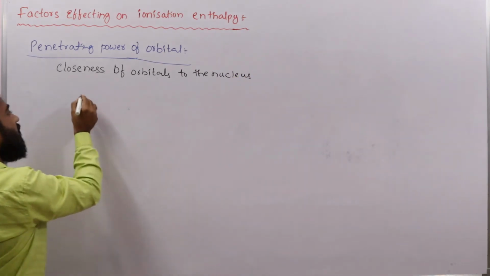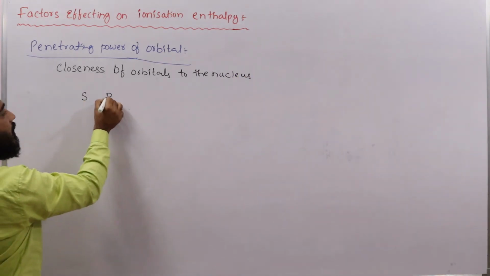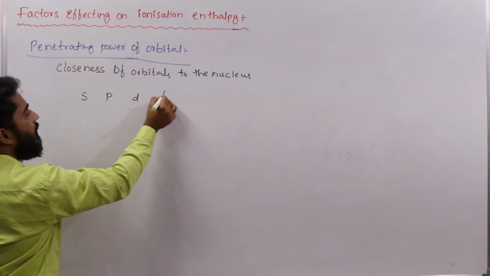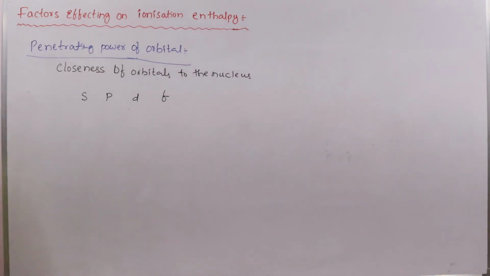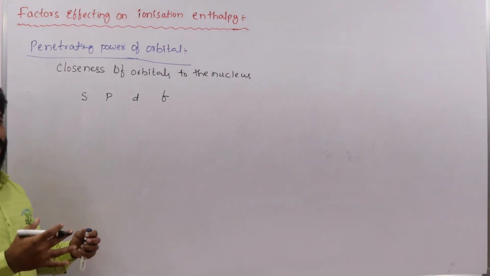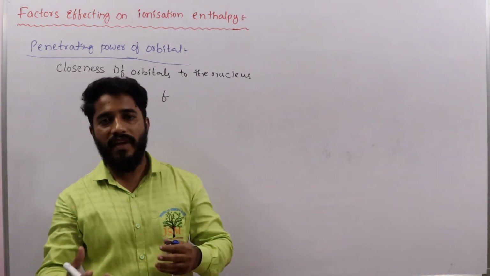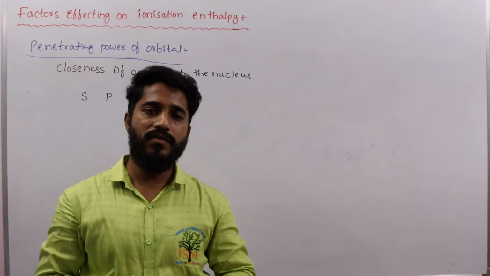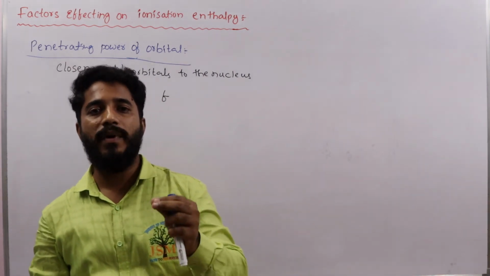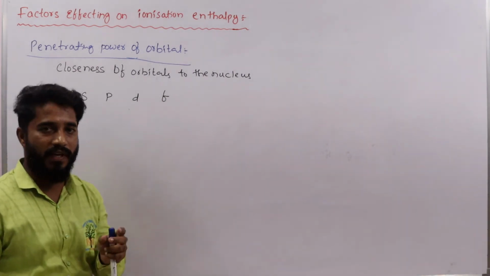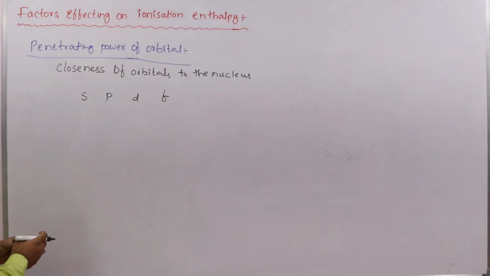So we have s orbital, p orbital, d orbital and f orbital. Among these four orbitals, which orbital is very close to the nucleus? Always the s orbital is very close to the nucleus because of its spherical shape.